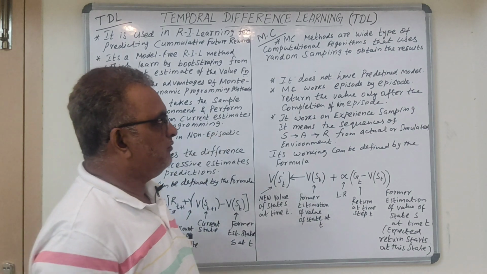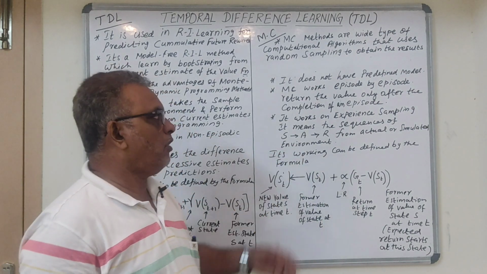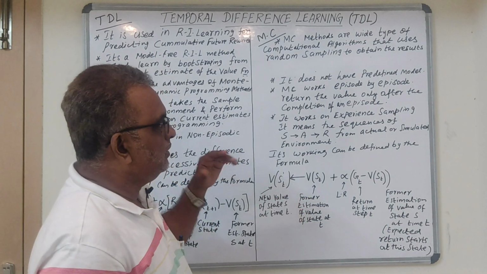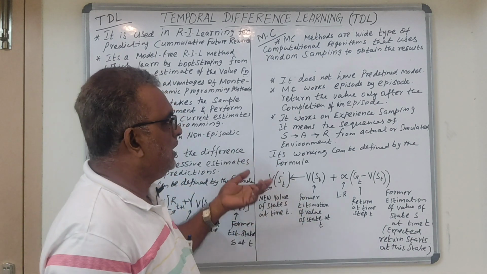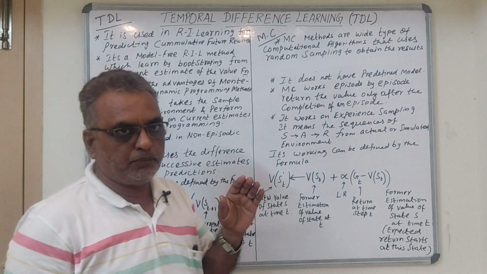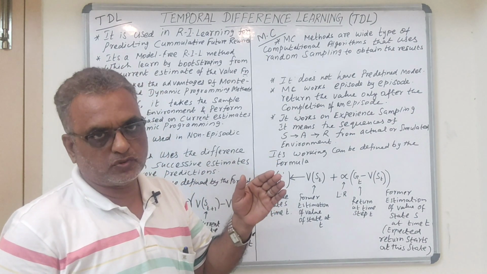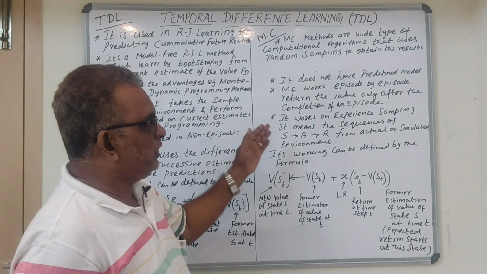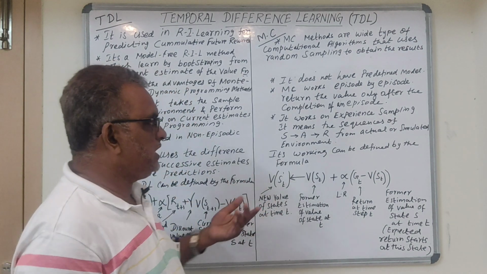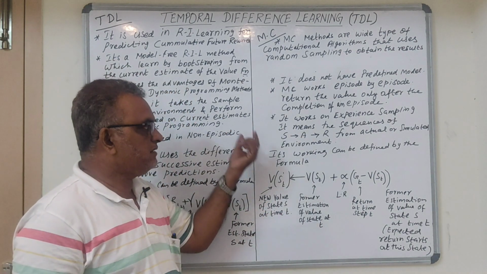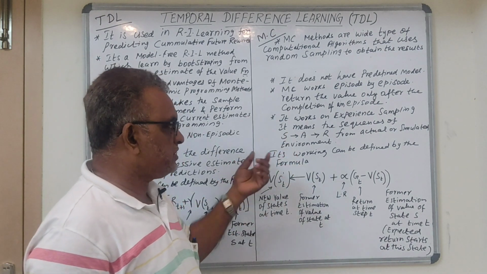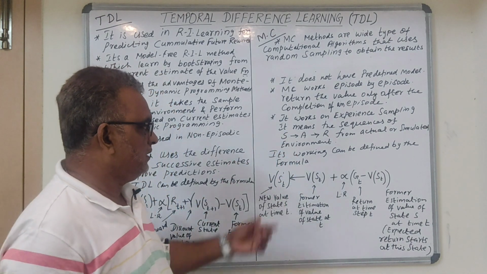It does not have any predefined model. Monte Carlo works episode by episode and returns the value only after the completion of a particular episode. It works on experience sampling, which means the sequence of state, action, reward from an actual or simulated environment.